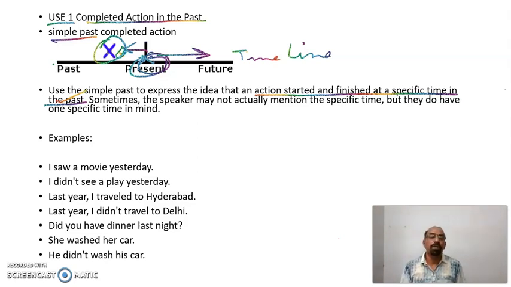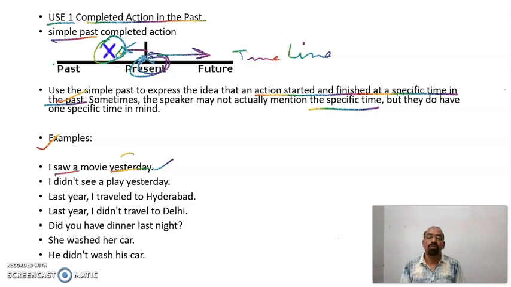Sometimes the speaker may not actually mention the specific time. It is not necessary to mention the specific time, but they do have one specific time in mind. Let us check the examples. I saw a movie yesterday. Here, yesterday gives us the indication that it happened previously.